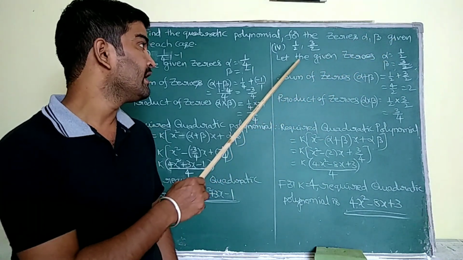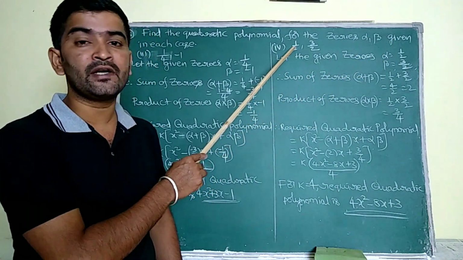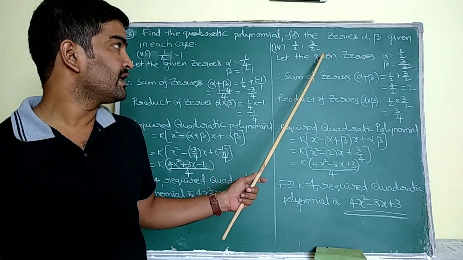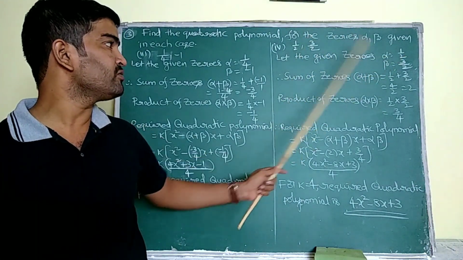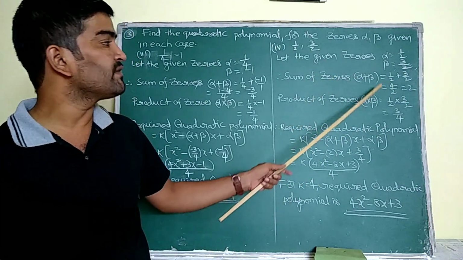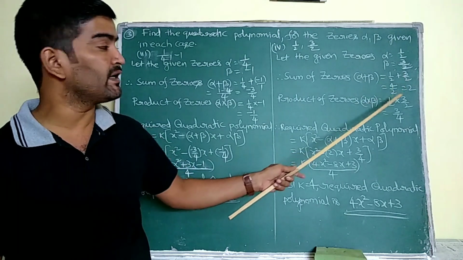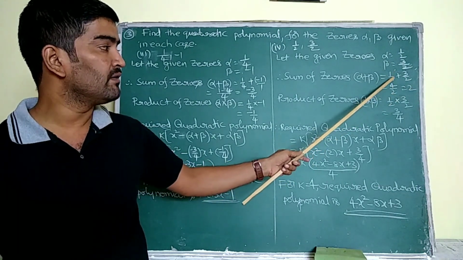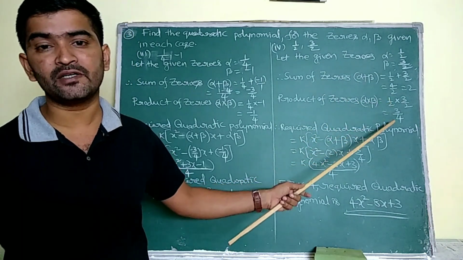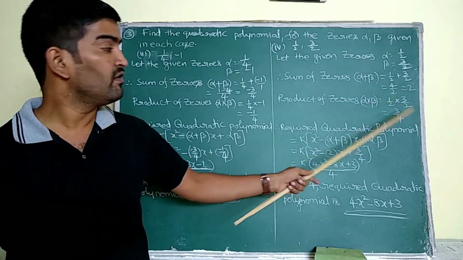And the fourth one, here he gave the zeros as 1 by 2 comma 3 by 2. Therefore here see the given zeros, alpha is equal to 1 by 2, beta is equal to 3 by 2. I have to calculate the sum of zeros. Sum of zeros is equal to 1 by 2 plus 3 by 2, that is equal to 4 by 2. Why? Because these are like fractions, so that is 2. Product of zeros means 1 by 2 into 3 by 2, that is 3 by 4.